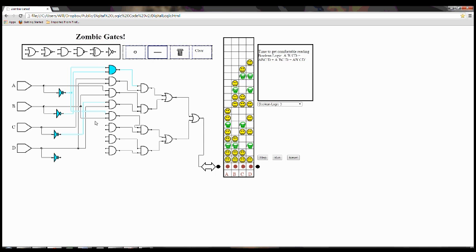Okay, second half of my third equation, C naught D. Here's my C naught. Put this over here. And D, all right, I'll just use this branch some more.